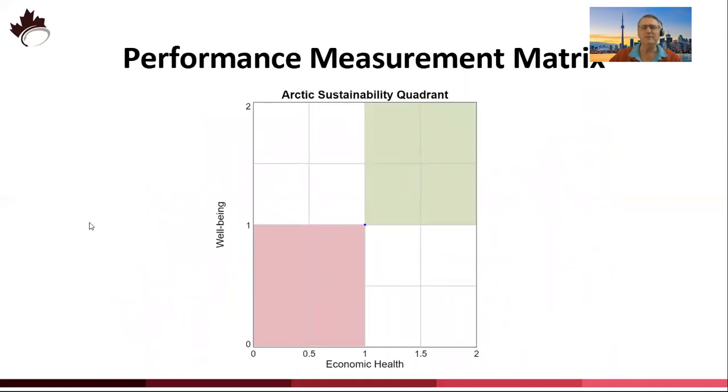Now, we developed this simple presentation of the primary performance measures that we want to look at in this model. And we have an idea of economic health on the x-axis and environmental well-being on the y-axis.